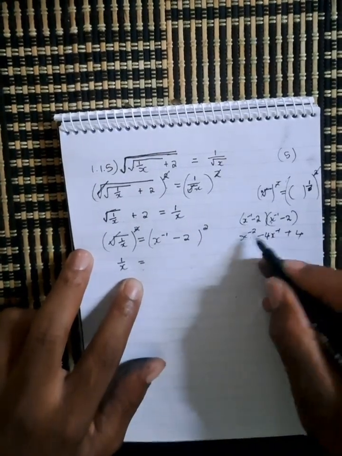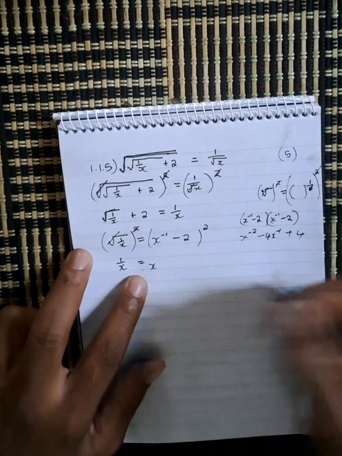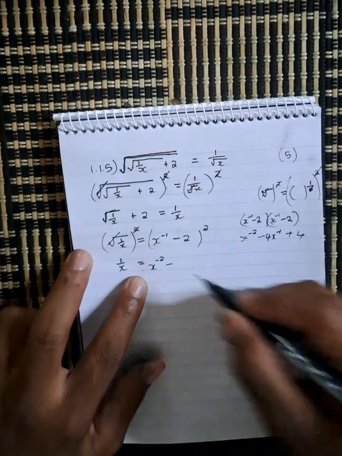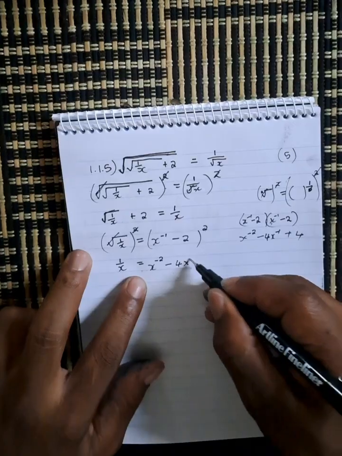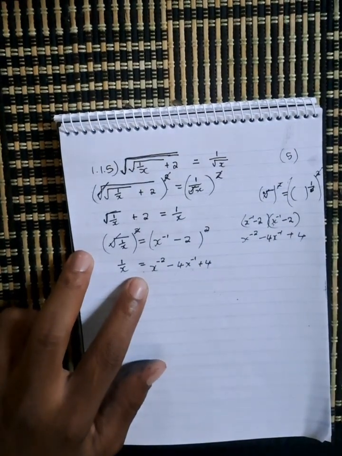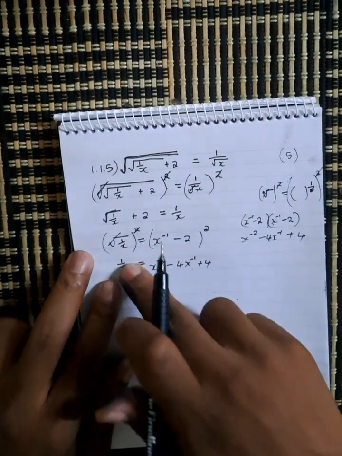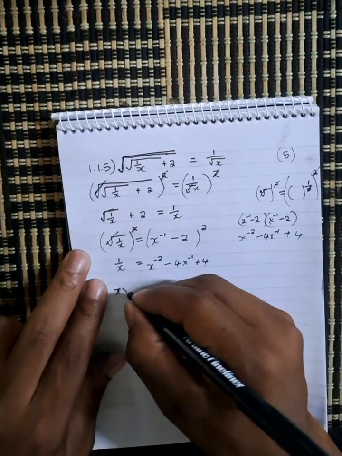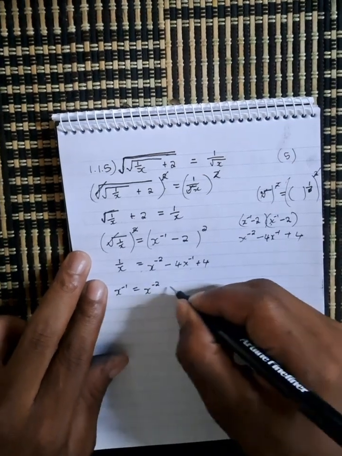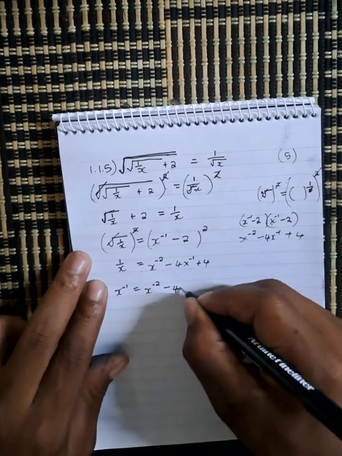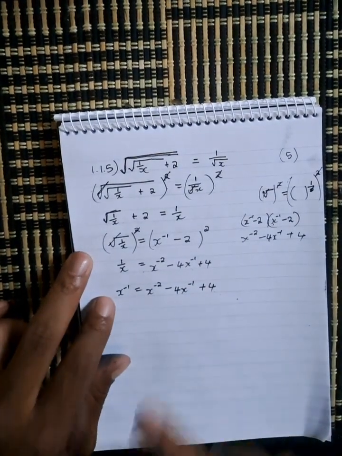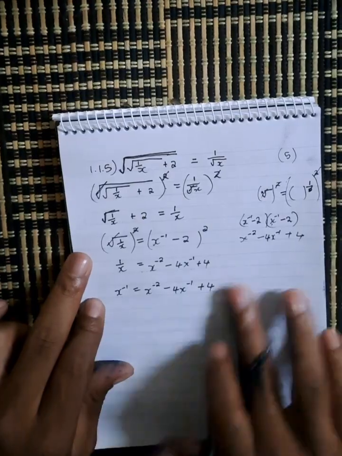Right, so let's just take this and write it here. x to the power of negative 2 minus 4x to the power of negative 1 plus 4. Right, so obviously we can also write it as x to the power of negative 1 equals x to the power of negative 2 minus 4x to the power of negative 1 plus 4. Right, so we have to rearrange this now.